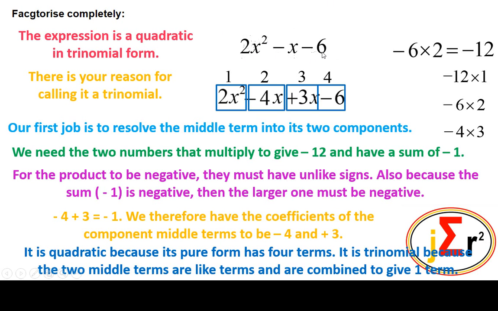Quad, as in quadruped, as in quadrilateral, as in quarter, all of those numbers have to do with 4. And your quadratic also has to do with 4. As a matter of fact, in its pure form, it has 4 terms, of which 2 are like terms and are combined to give 1 term, and that is why its existence is in a trinomial form.